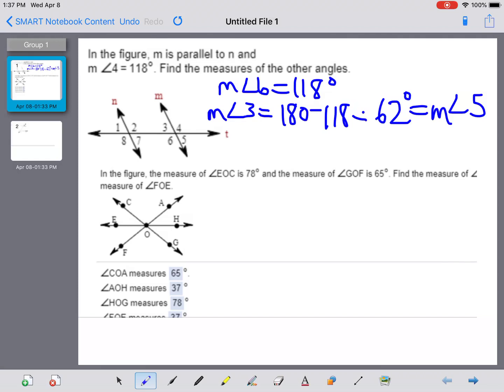Now, angle 5 and angle 7 are called corresponding angles because they look the same and their rays for each angle go in the same direction. So we can say the measure of angle 7 is also 62 degrees.